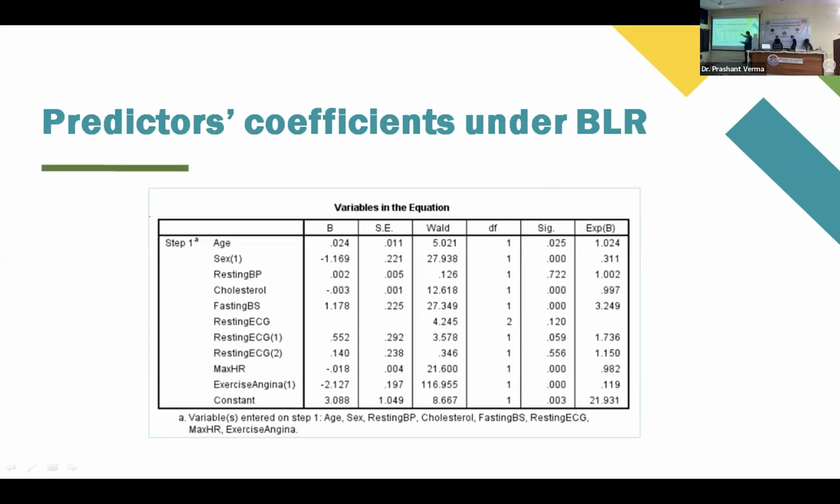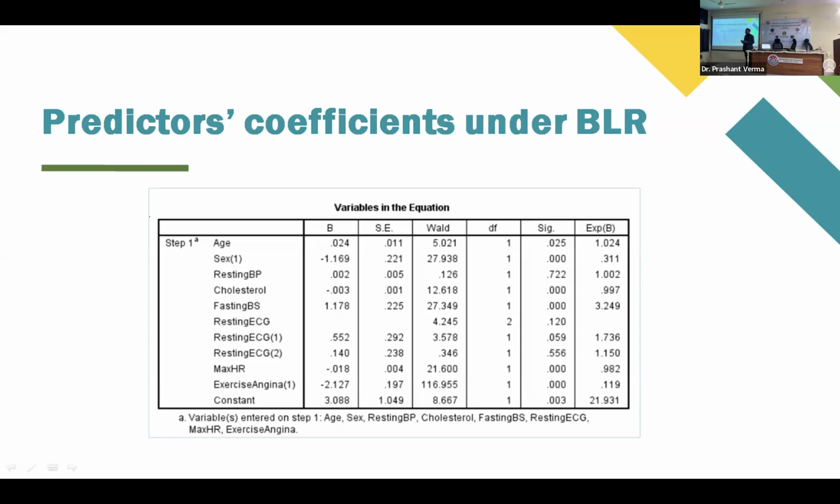So what will the interpretation be? The p-value of the age variable is less than 0.05. It's significant at 95%, and exponential beta is 1.02. What it says is, on the increase of 1 unit in age, there is 2% more risk of heart disease.